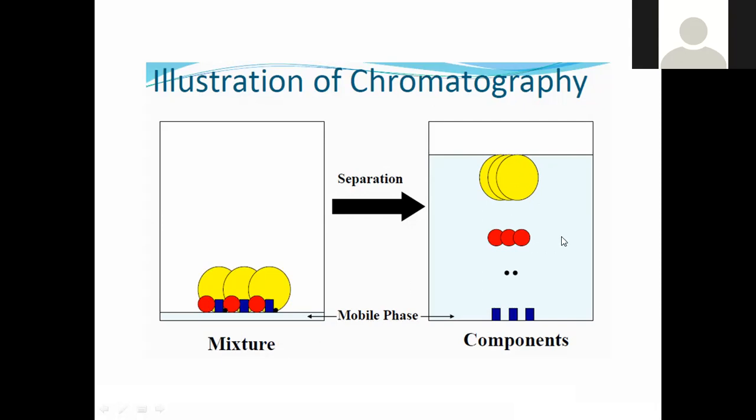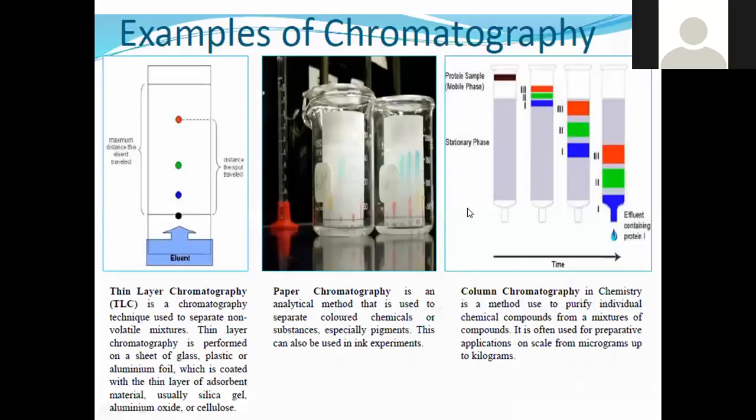So by changing the solvent, or by choosing different eluting mixtures, or by changing the pH, you can separate the different compounds one by one. So examples of chromatography. One is thin layer chromatography.